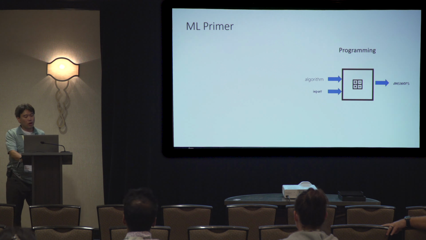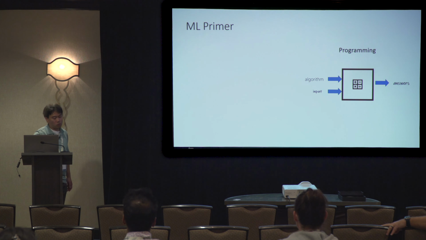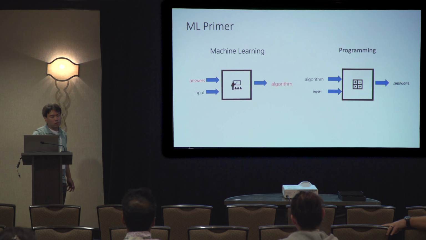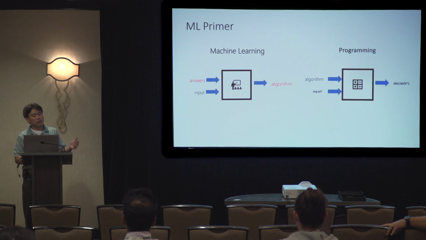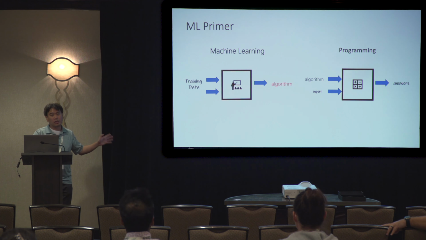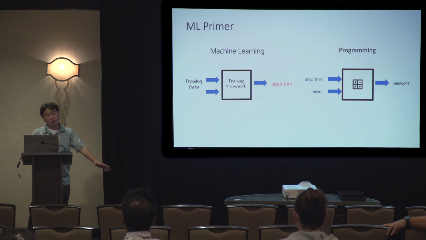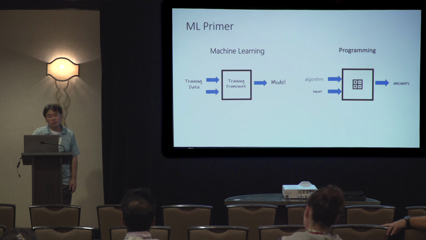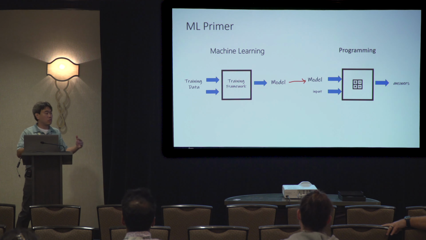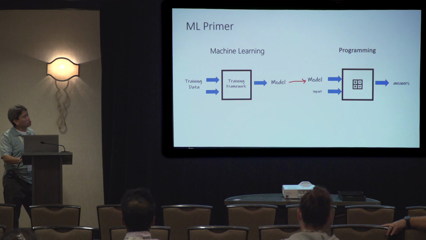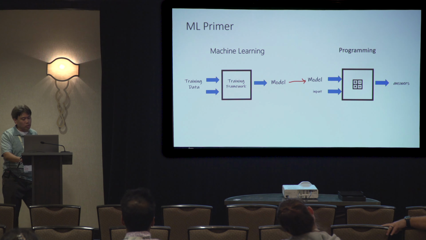So as a machine learning primer, the right side is your programming, the left side is machine learning. You have your input, answers, and then algorithm. In the machine learning world, we call that training data. You need lots of training data, and you pass it into the training framework in order to build a model for you. And that model, you would integrate with your application.